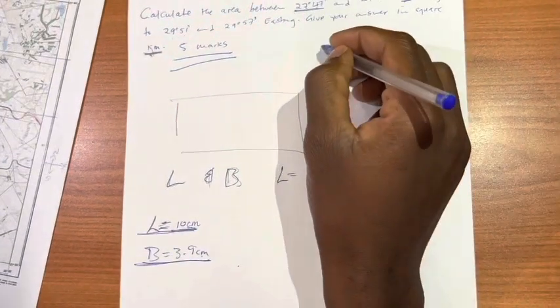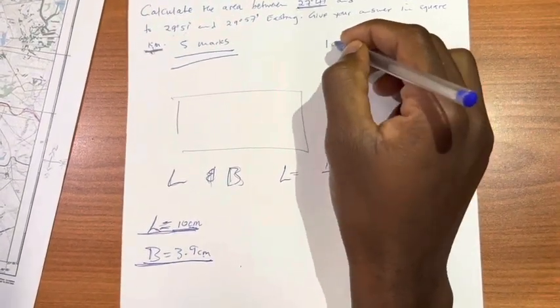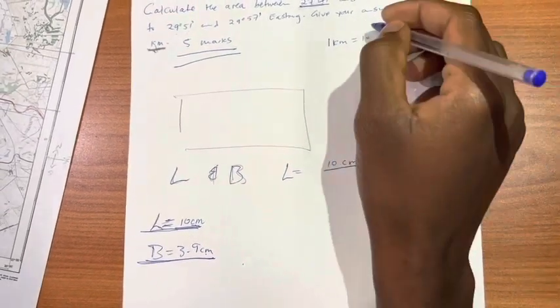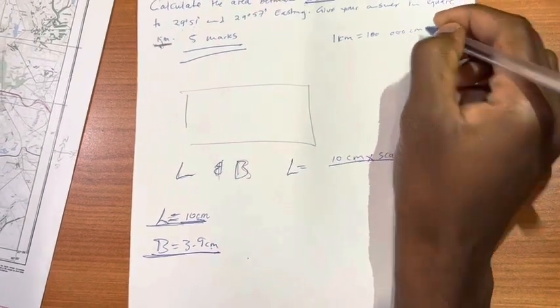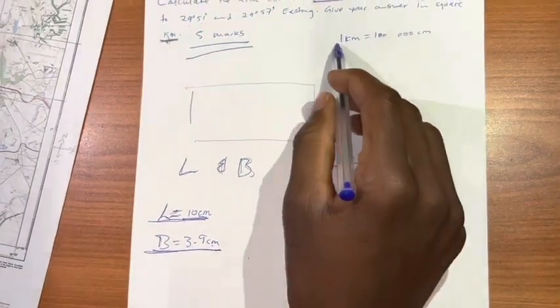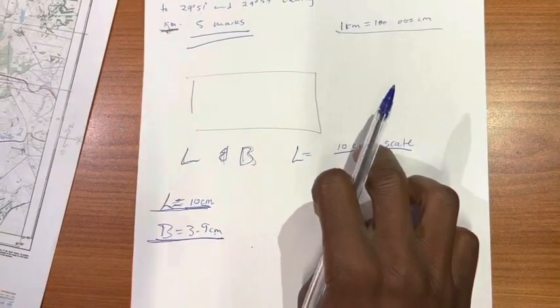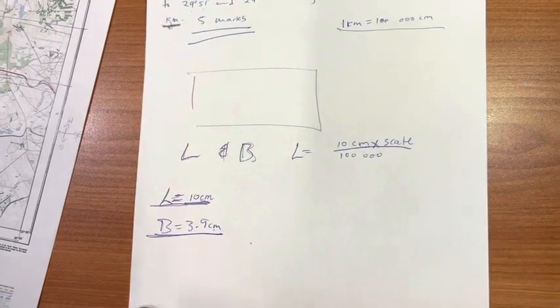It's simple. 1 kilometer, excuse me, is equal to 100,000 centimeters. So this one will help you out in your exam. So that means we need to divide with 100,000 centimeters.